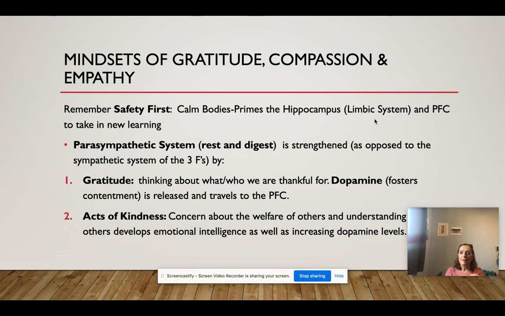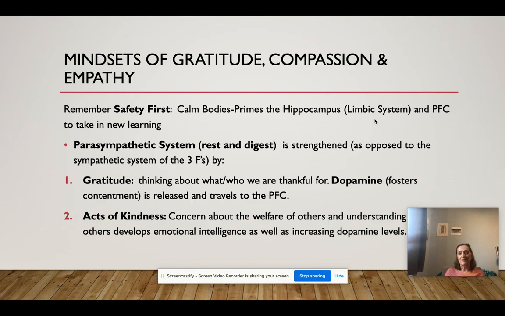You're going to see more engaged learners. And even for us right now, gratitude and acts of kindness during this pandemic, that's what helps many of us, including myself, get through these days. Acts of kindness, concern about the welfare of others, that really helps develop our emotional intelligence, as well as increasing those dopamine levels.